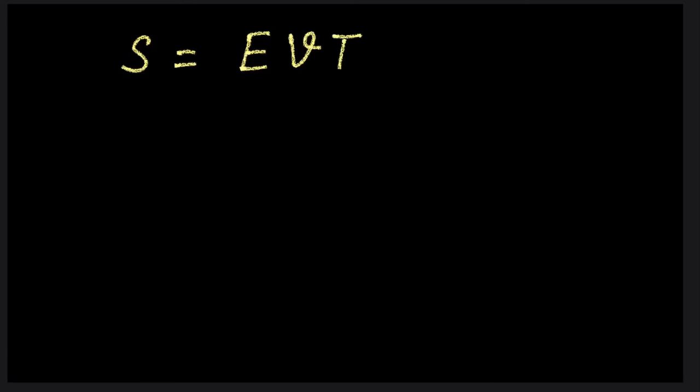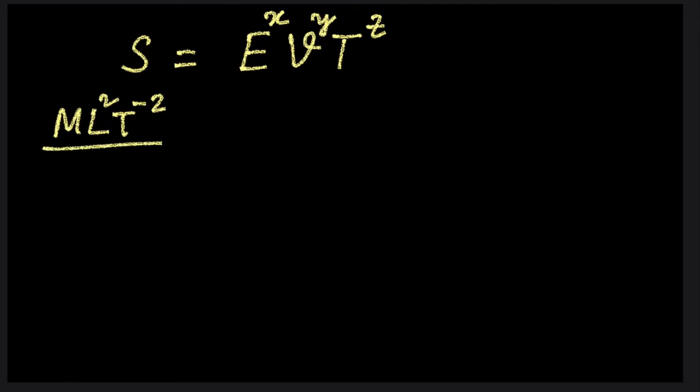So let surface tension be some x power of energy, y power of velocity and some z power of time. Then I can write the equations on the left and the right hand side, and I can equate the powers. Surface tension is energy by area, so energy is ML square T to the power of minus 2 by L square.